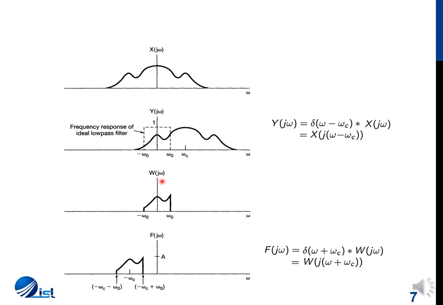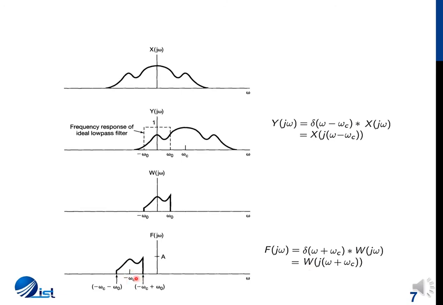We remember that f of t was w of t multiplied by e to the power minus j omega c t. So the Fourier transform is a convolution of the two Fourier transforms, and convolution by an impulse implies that this response will exist at a center frequency of minus omega c.